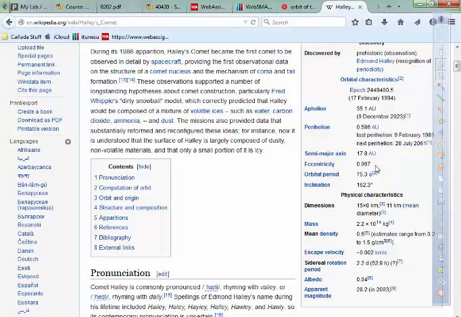But the orbit of Halley's Comet is an elliptical curve where the sun is another focus point. And if you look at the eccentricity here, 0.96, and the eccentricity for the Earth being 0.01. Do you have any ideas what values that eccentricity could have?